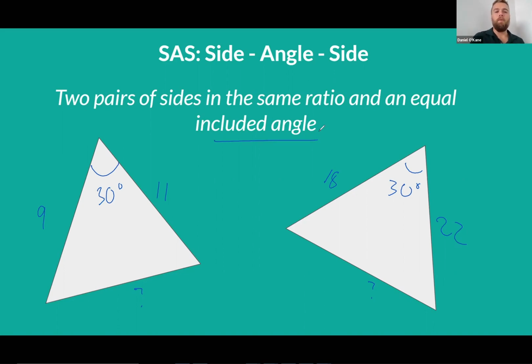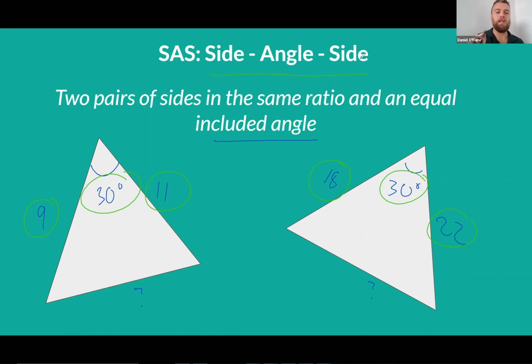When you've got a side and then an angle that makes between those two line segments, you have to have that side, angle, side. That's why it's written in this order, side, angle, side.